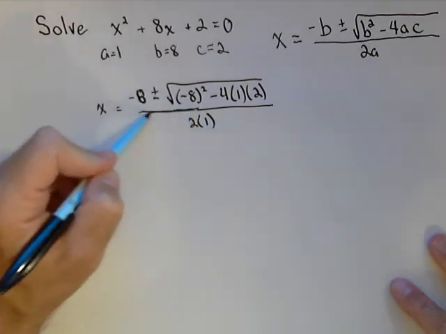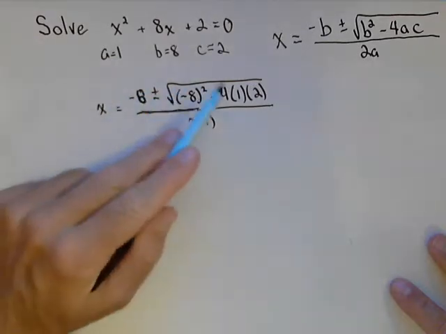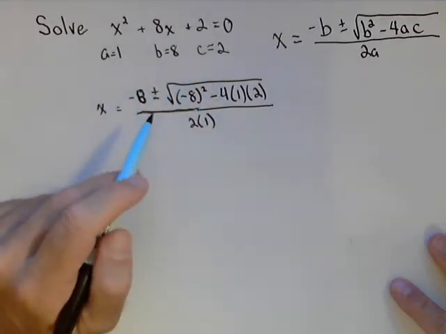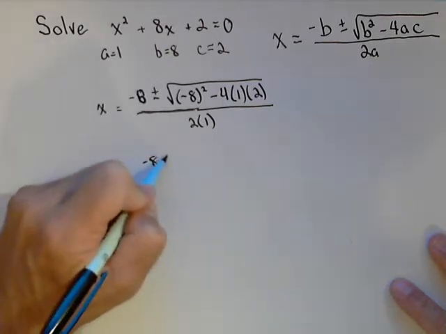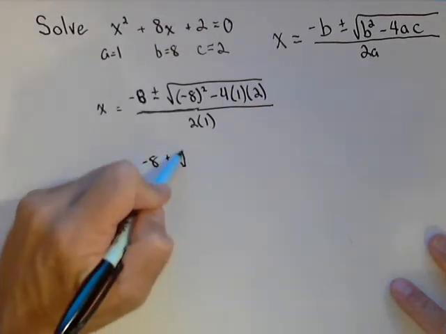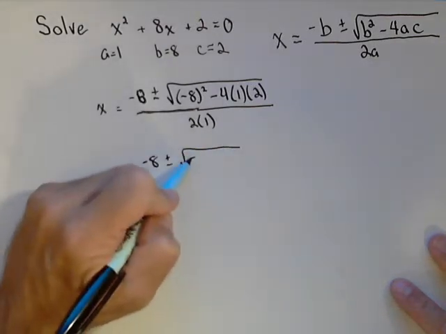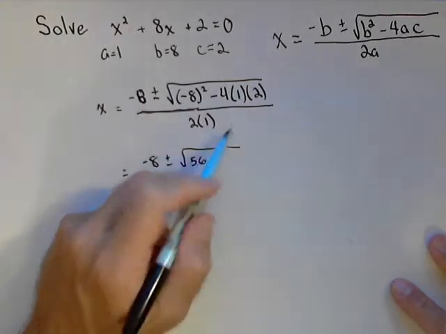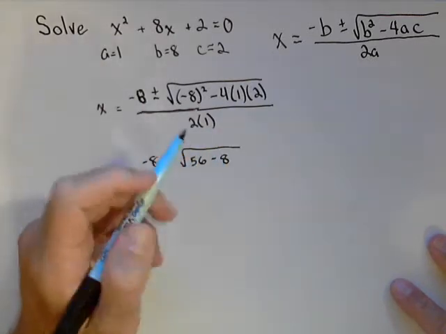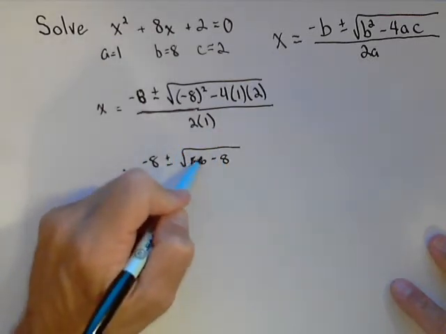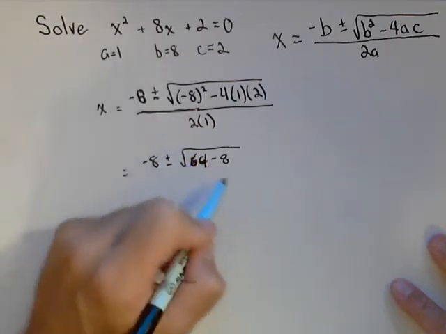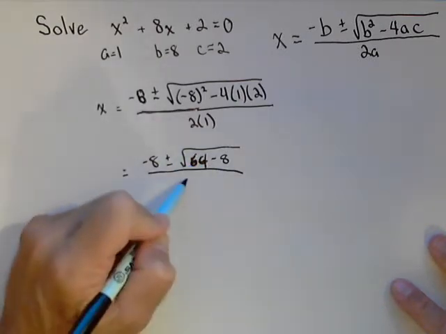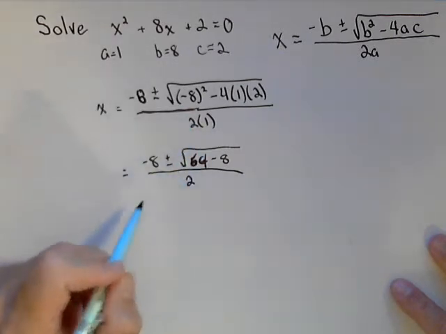Now it is important to do all over, that this whole piece up here is the whole numerator. That equals negative 8 plus or minus the square root. Negative 8 squared is a positive 56, minus 4 times 2 is minus 8. Sorry, negative 8 squared is 64. That's a step ahead. All over 2 times 1, which is 2.